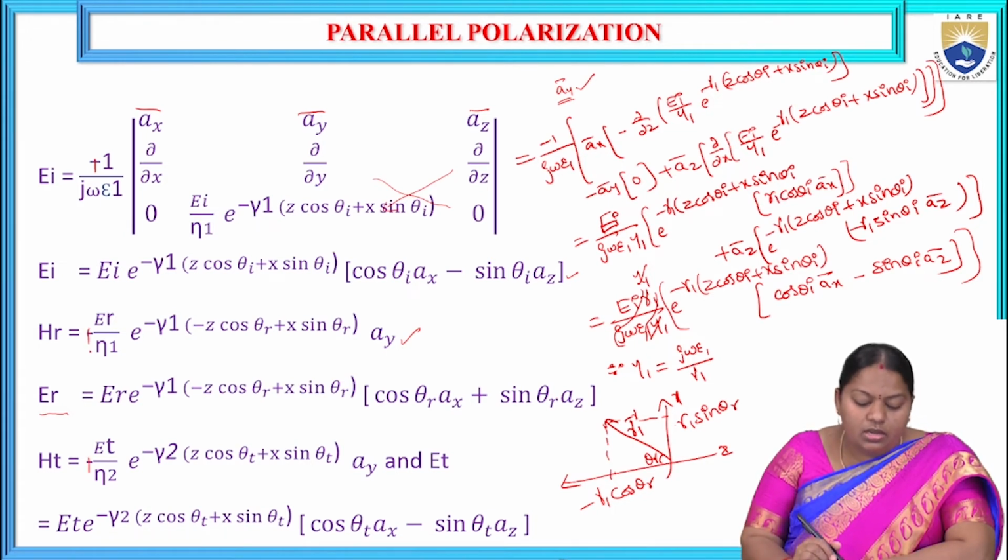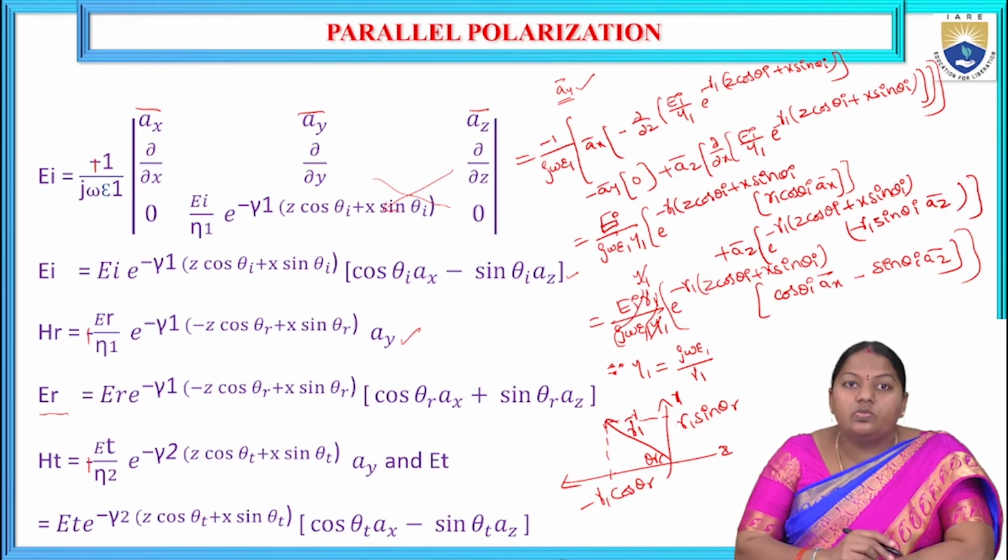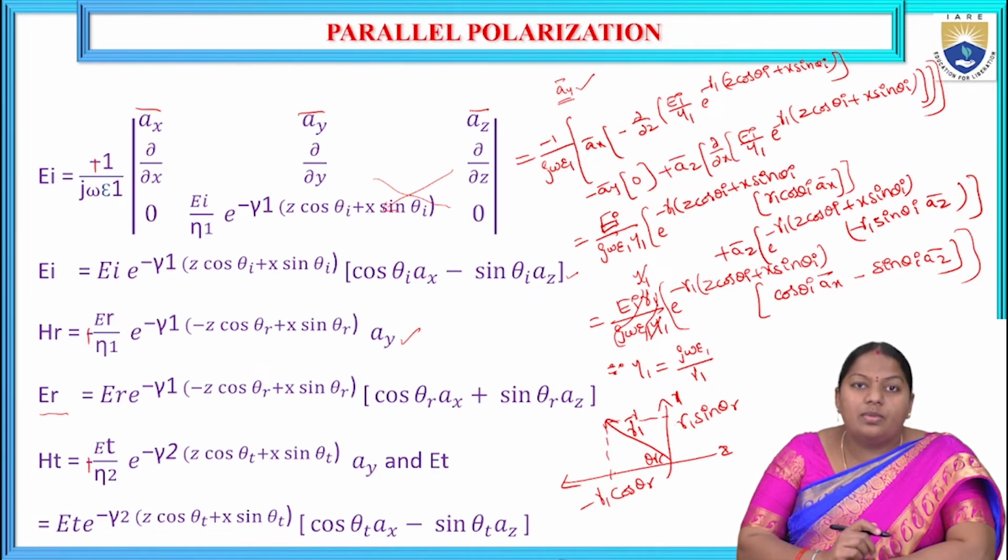In the next case, for the transmitted wave, field strengths Ht and Et can be written as Ht equal to Et by eta 2. Why? Because to write the transmitted wave electric as well as magnetic field strengths, the same equations we considered for the incident wave are used, except that gamma 1 is replaced by gamma 2 and eta 1 is replaced by eta 2.